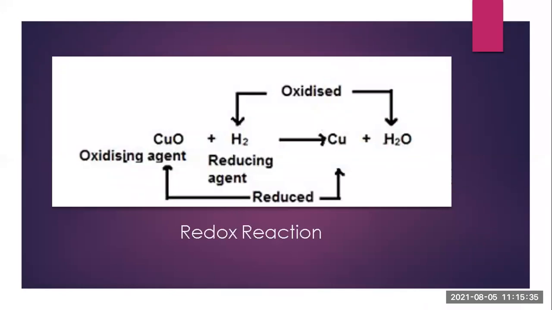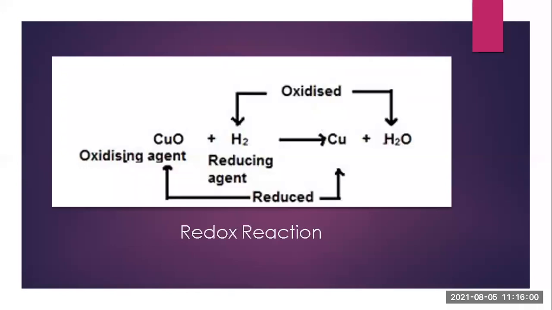Again, the same example, CuO and H2. So what will we get? Now CuO loses the oxygen. According to the property of oxidation and reduction, whenever any compound is losing oxygen, it is reduced.